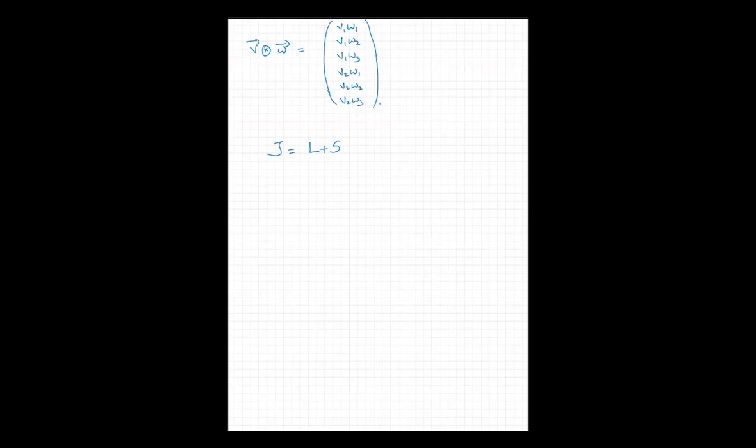Now we are doing something extra. I want to add two such generators. But this is easier said than done, because the ordinary rules of matrix addition don't apply. For example, I can add S equals 1/2 and L equals 1. The question is, what is this J matrix? Suppose I want to compute the J3 component of L plus S, where L corresponds to 1 and S corresponds to 1/2.